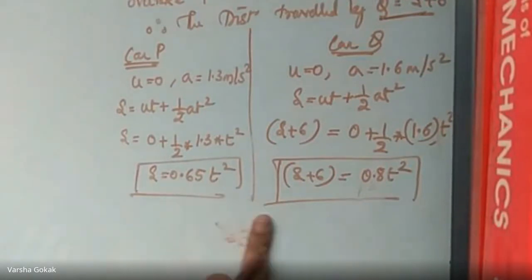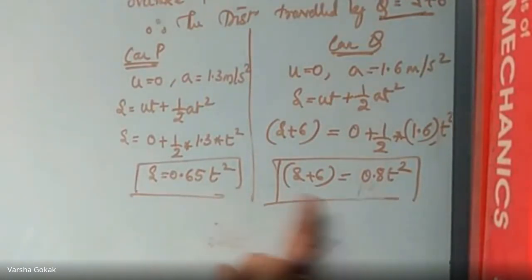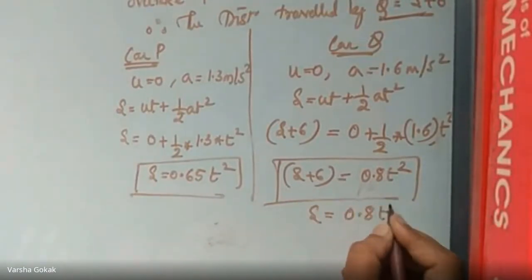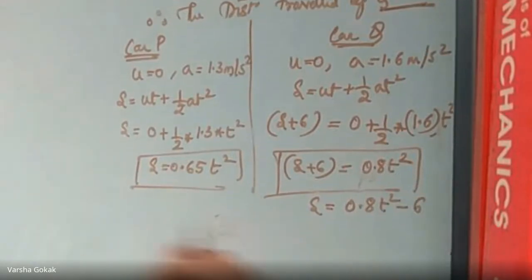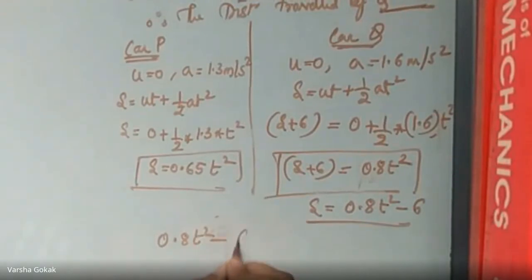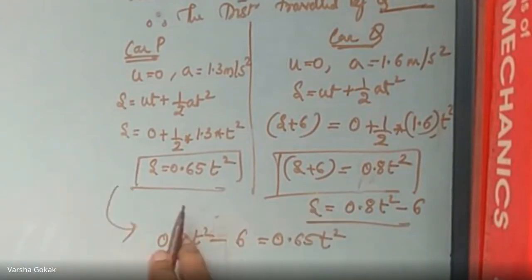Simply substitute. Both are in terms of t square and S plus 6. So how do I make use of this? Get the value of S. S becomes equal to 0.8 times t square minus 6. Correct? Use this equation now. So 0.8 t square minus 6 becomes equal to 0.65 t square. Solve for this equation: 0.8 t square minus 0.65 t square minus 6 equal to 0.